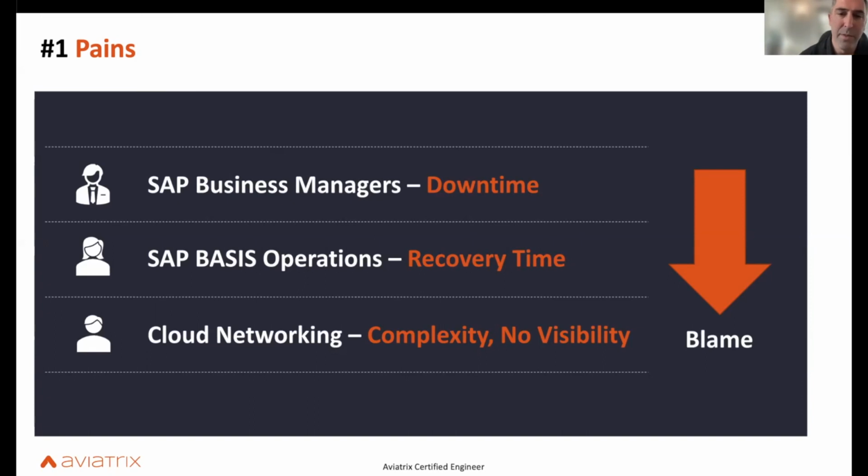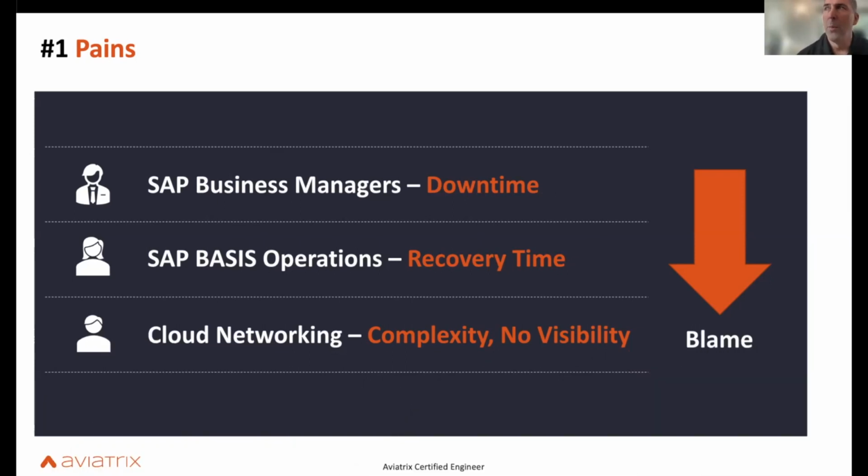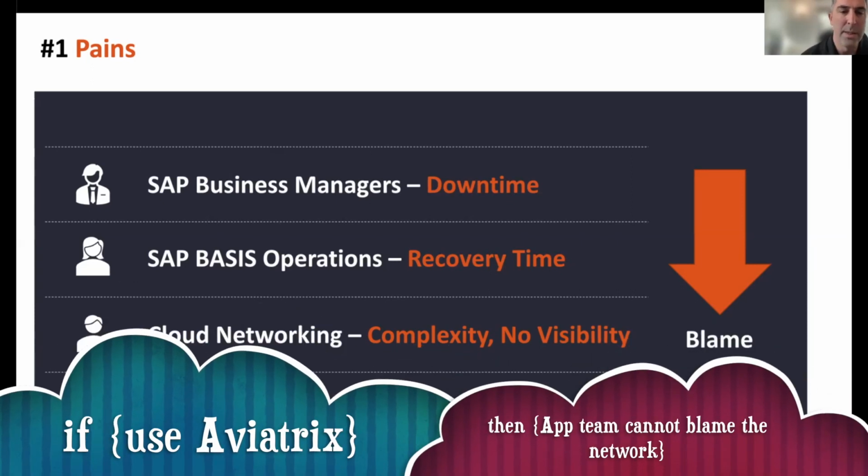So the blame flows down, and it's obviously, the first thing people blame is the network, right? And I hear this from customers when they use Aviatrix. The application team can't blame the network all the time.